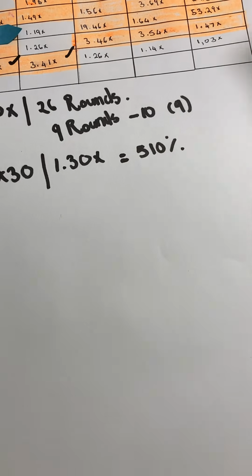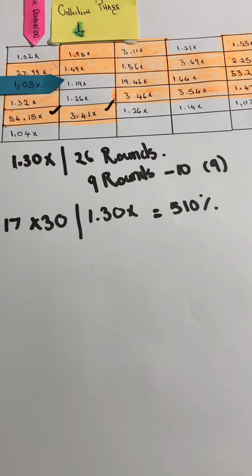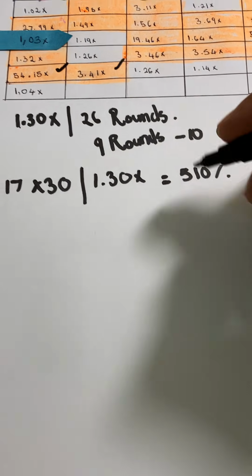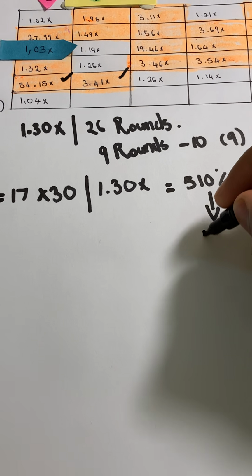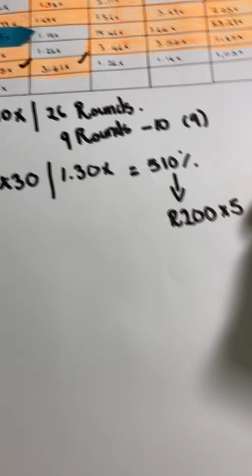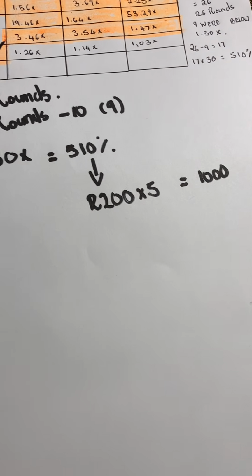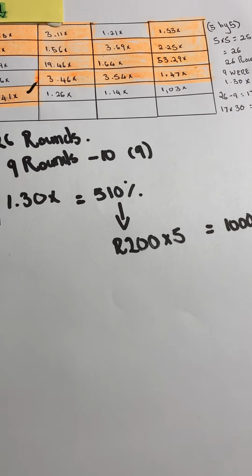If we're working with rands, yes, it's 510 rand, but we're working with percentages now. So if you had 200 rand and you followed this strategy, you can use common sense: 200 times 5 equals 1,000. You would have had 1,000 rand by cashing out at 1.30x.